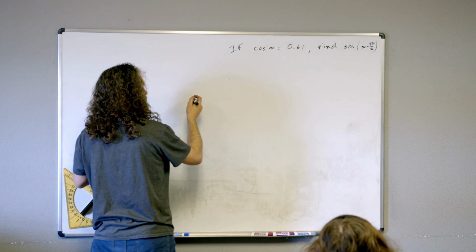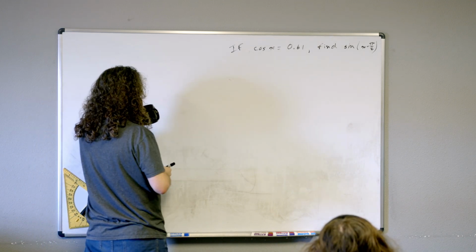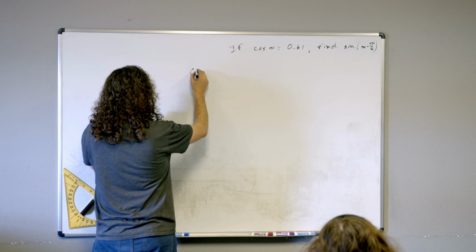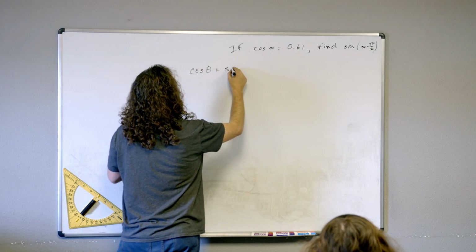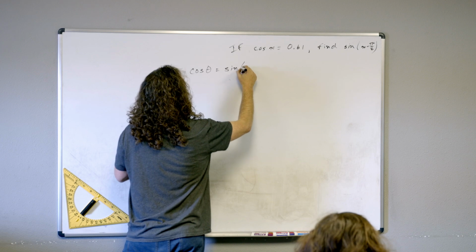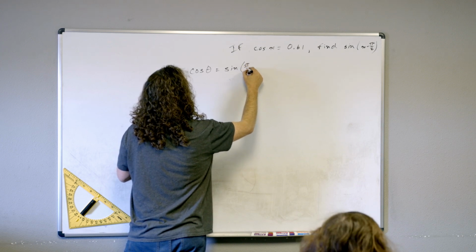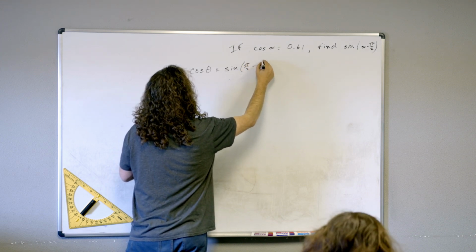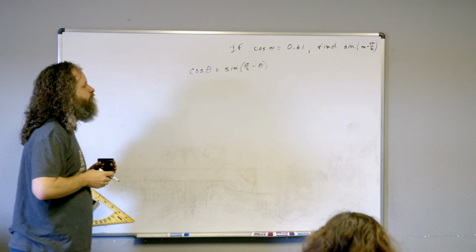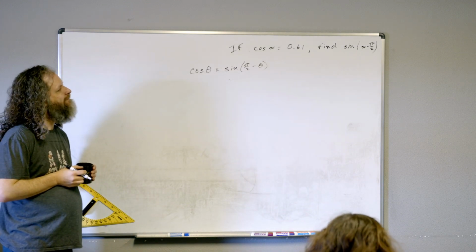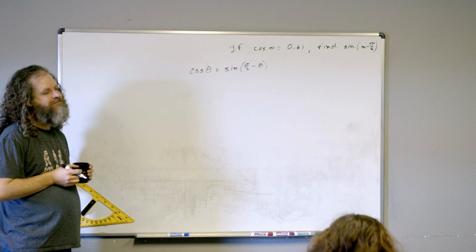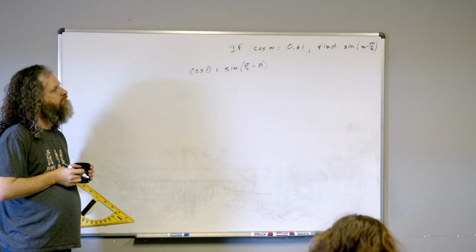So, what are we actually using? Cosine theta equals sine of pi over 2 minus theta. Now what? Can we plug stuff in?